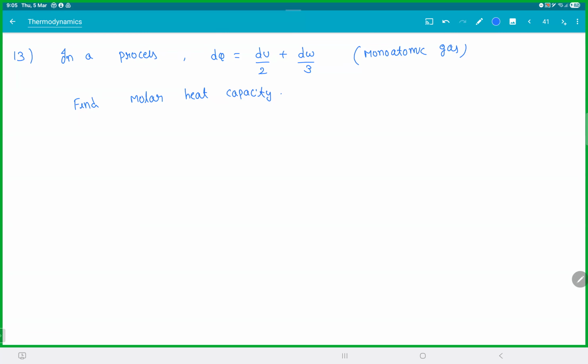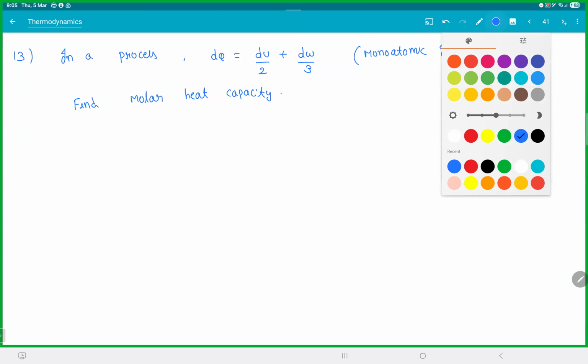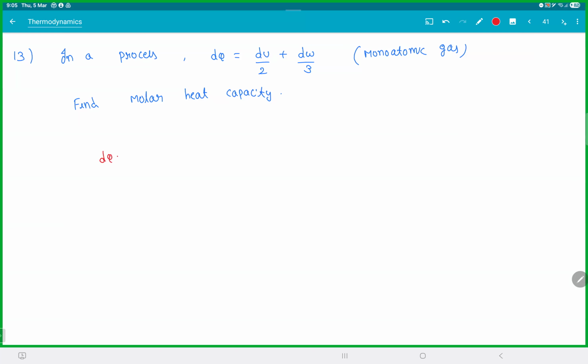How do we get that? Let's see. So we know from the first law, dQ is equal to dU plus dW. This is always valid, right? So dW is dQ minus dU. Take this and substitute in this equation.